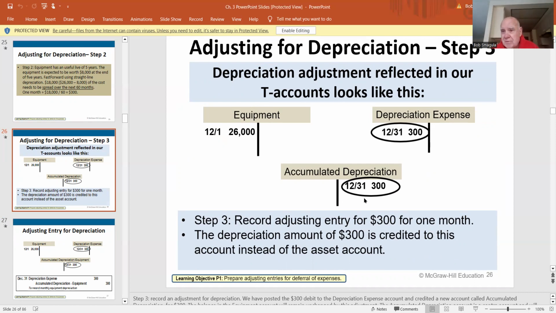This is an asset with a credit balance. Thus, they call it a contra asset. There are just a few of them, and you're going to learn them all in the next 8 weeks, hopefully, huh? Not too many. So at the end of the month, we debit the expense, we credit accumulated depreciation, because you never, never, never credit the equipment unless you sell it, get rid of it.